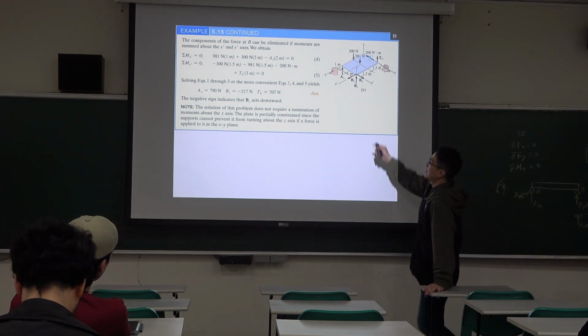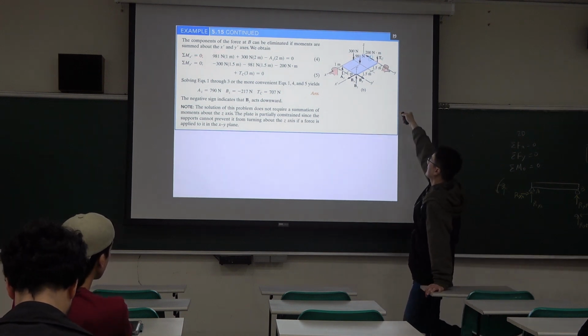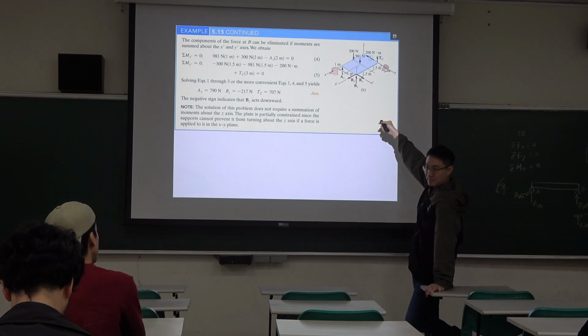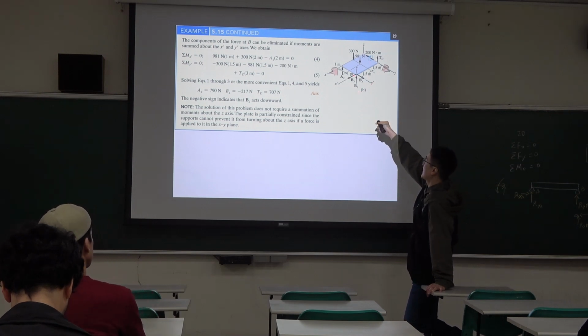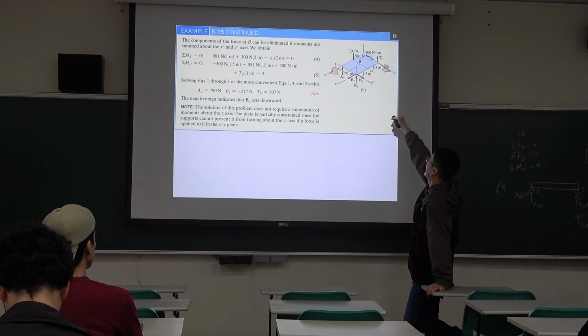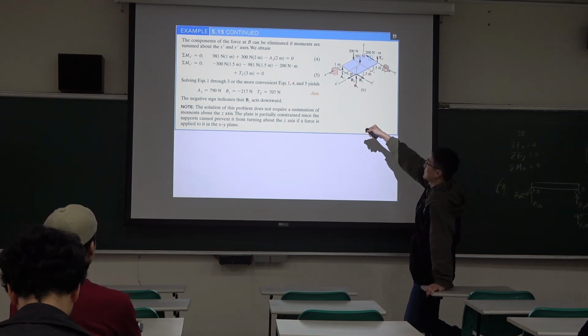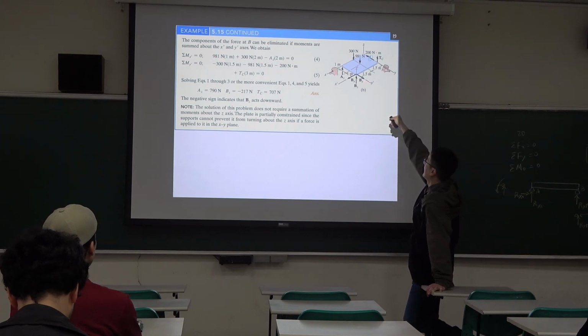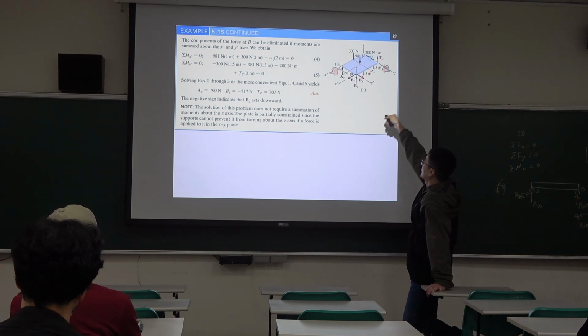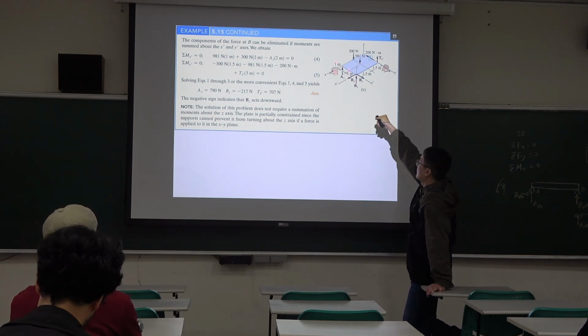Okay, then the second approach is what I mentioned previously. We take a bending moment for the x plot and y plot, so we can reduce the unknown parameters. You see, if we take a bending moment for the x plot here, we don't need to consider TC and BC. Only AZ is an unknown parameter.